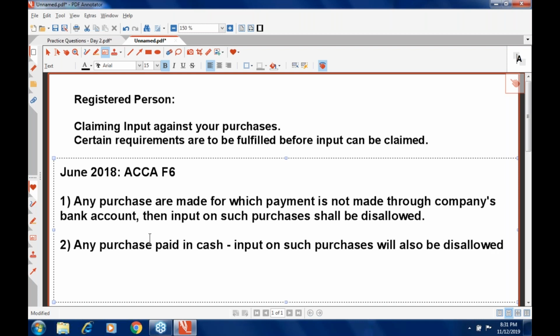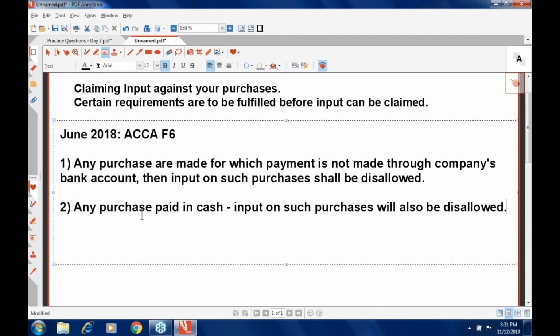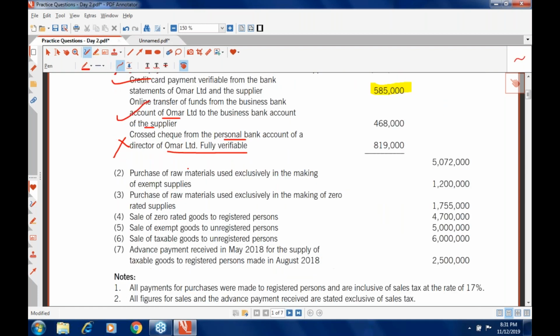So this is an important aspect which you need to understand, that if you make purchases in cash, or if you make purchases for which the payment is not made through the company's bank account, then the input tax will be disallowed. Let's move forward. The next thing is, it says purchase of raw materials used exclusively in the making of exempt supplies.